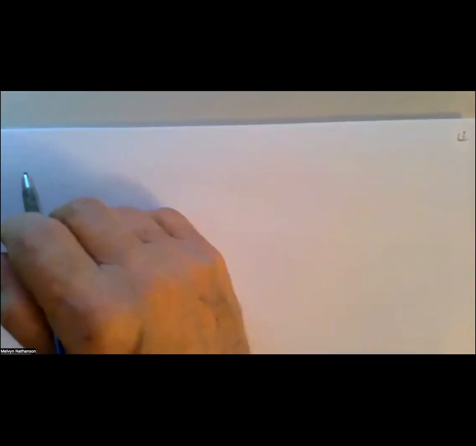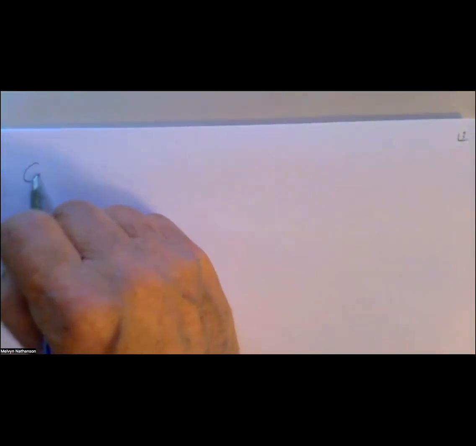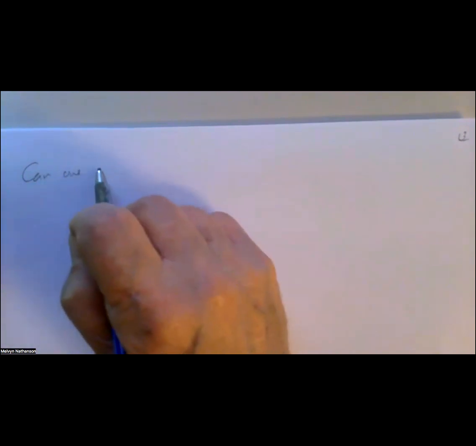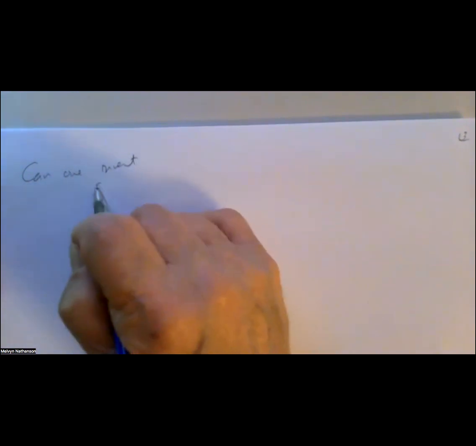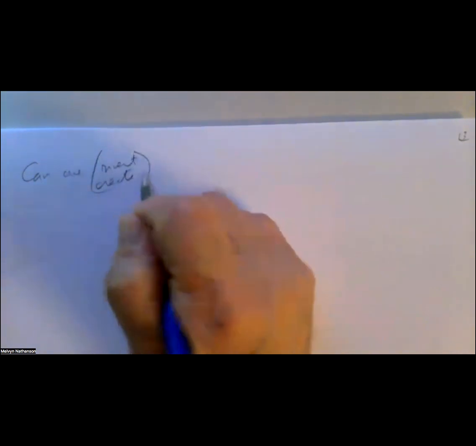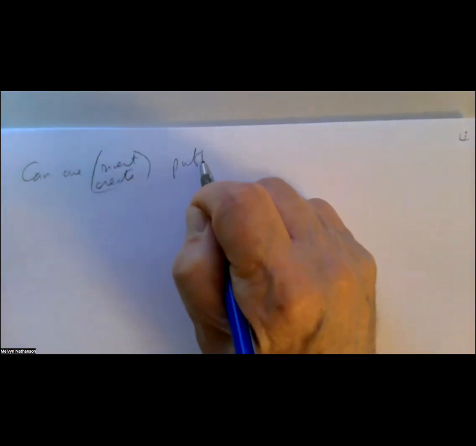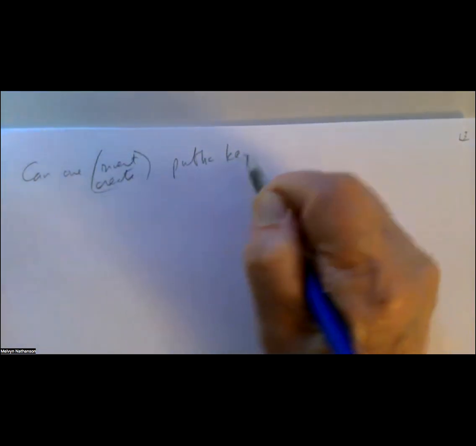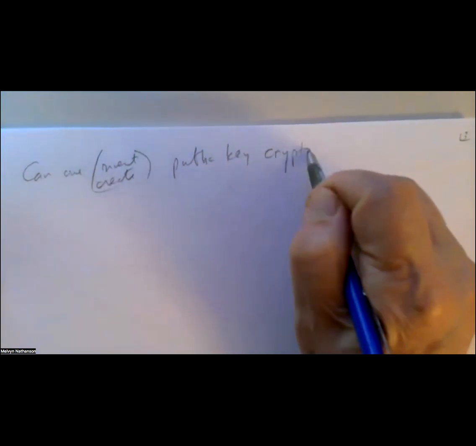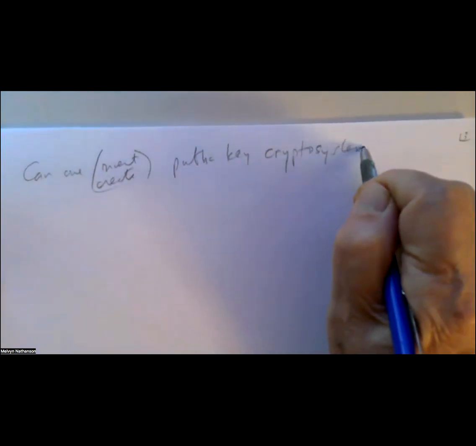And there was the following unsolved problem, or problem that was unsolved for a long time, which is, can one invent or create what you might call a public key crypto system.